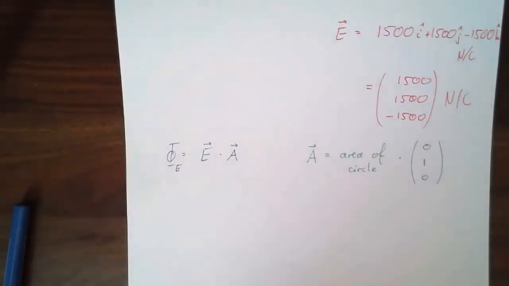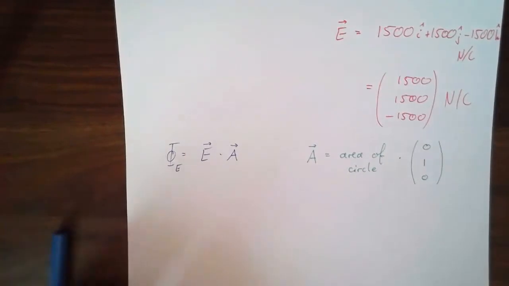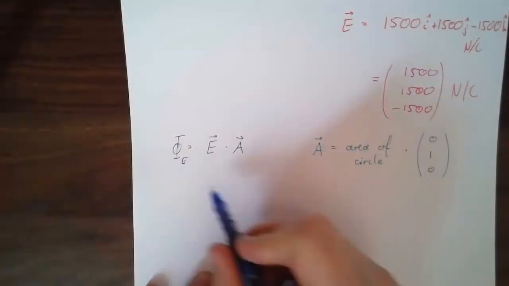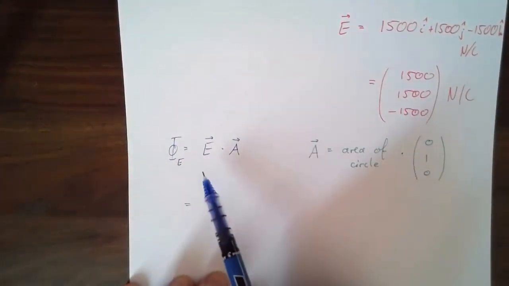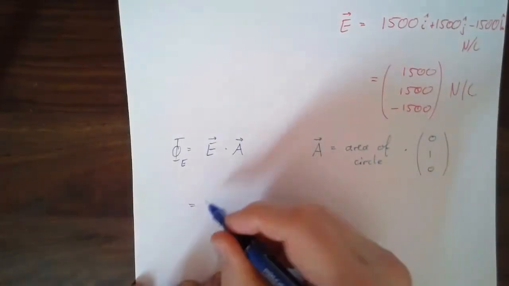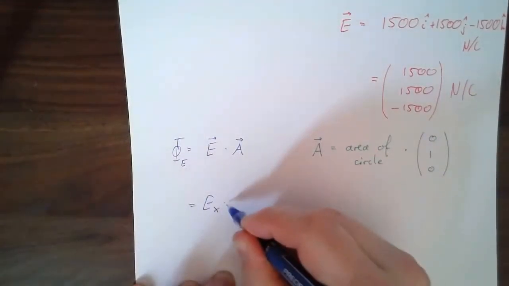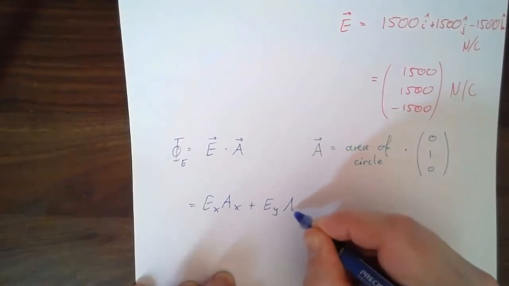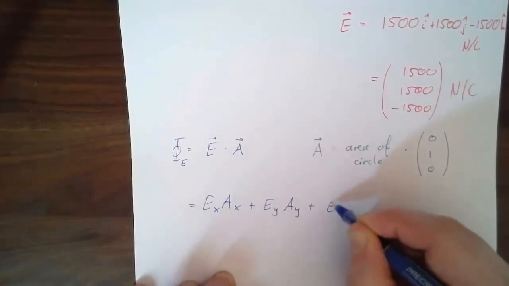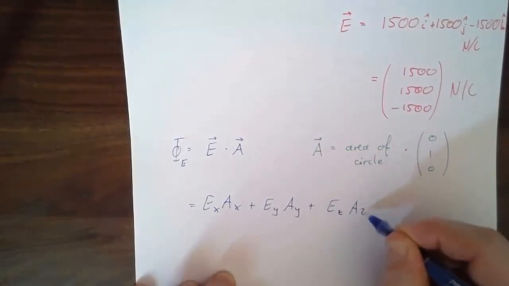I'm just going to literally work out the dot product the way I know how dot products work, right? To actually evaluate the dot product, I multiply the two vectors component by component, and I add. So it's EX AX plus EY AY plus EZ AZ.